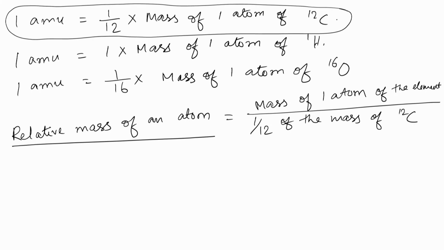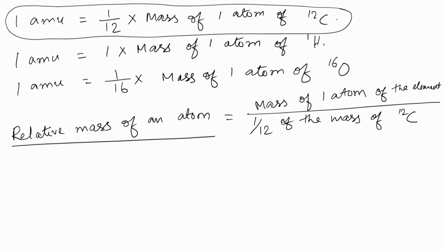Okay. So, the relative mass of an atom of any element is given by the actual mass of one atom of that element divided by 1/12 of the mass of carbon-12.